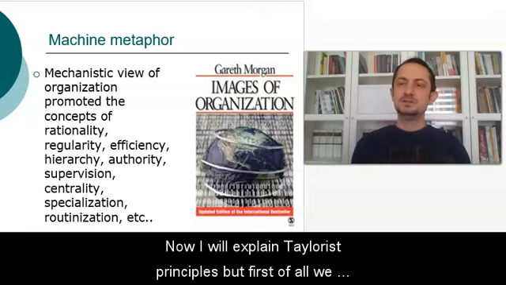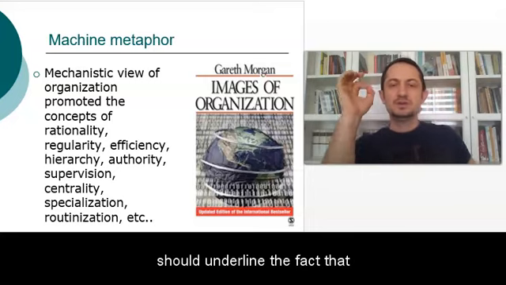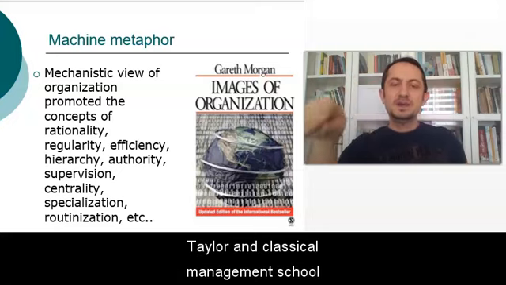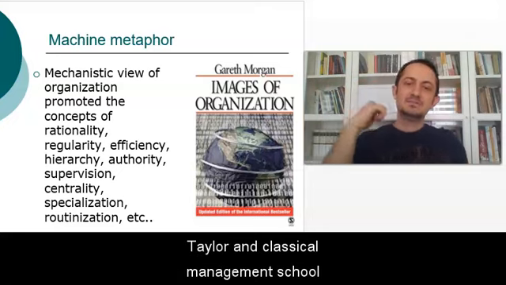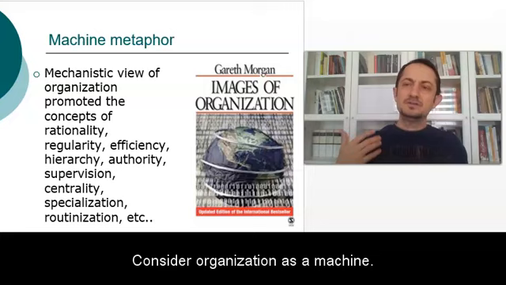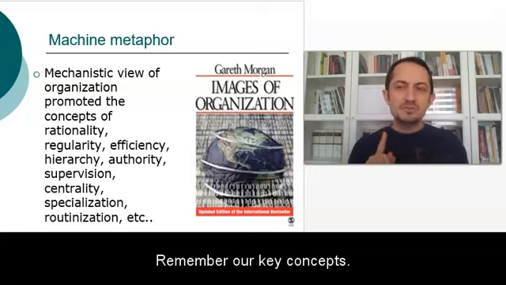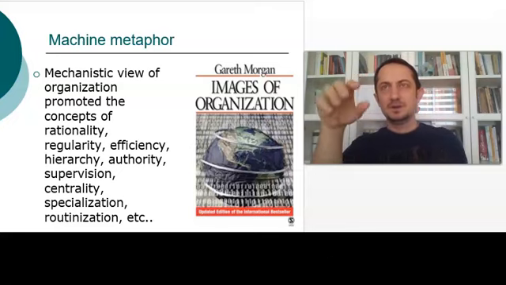Now I will explain Taylorist principles, but first of all, we should underline the fact that Taylor and Classical Management School consider organization as a machine. Remember our key concepts.